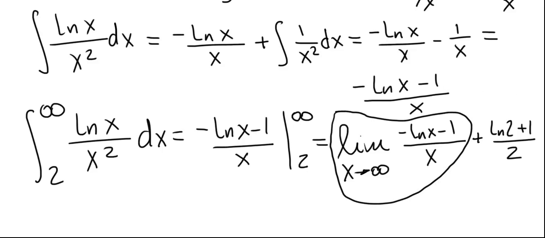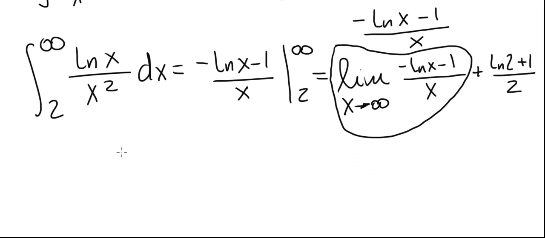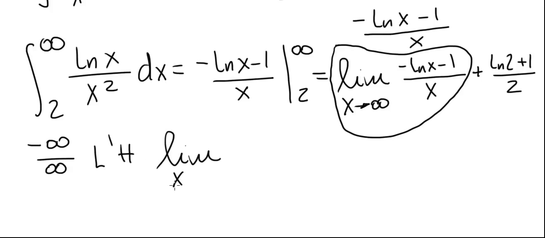And this limit, first, when x goes to infinity, the numerator goes to minus infinity, the denominator goes to infinity. So we can apply L'Hopital's rule, and this becomes the limit as x goes to infinity of minus 1 divided by x, divided by 1.